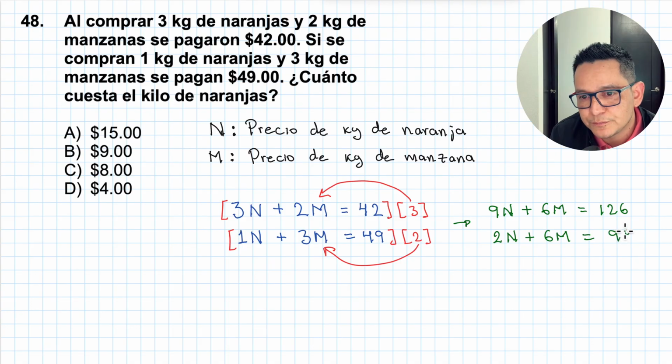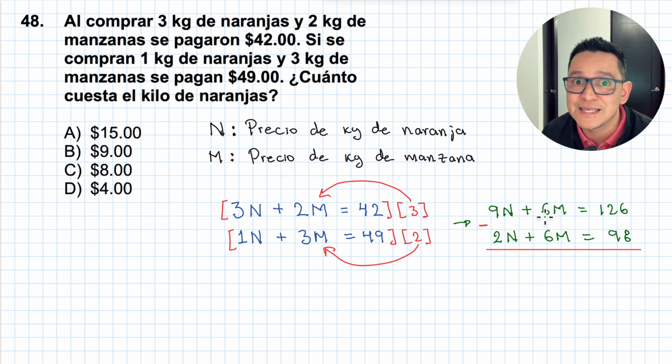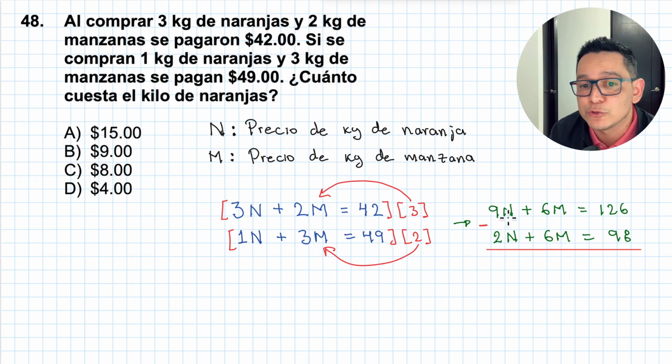Now I'm going to subtract these two equations. I insist, I'm doing a subtraction because what I want is to eliminate the M's, so that I'm left with only N. So let's go. We subtract 9N minus 2N, and that leaves me with 7N. Now what happens to the M's?